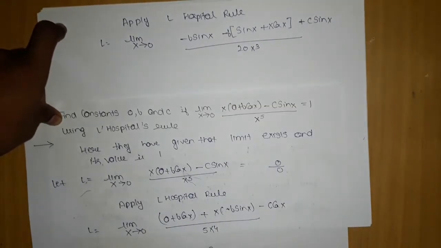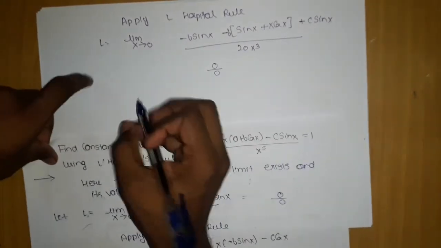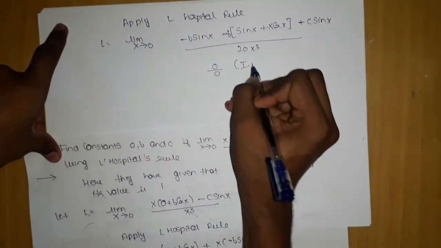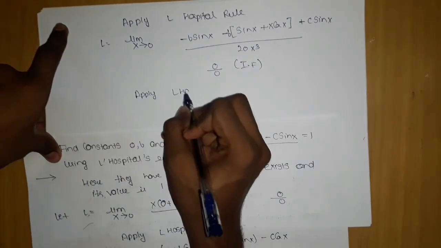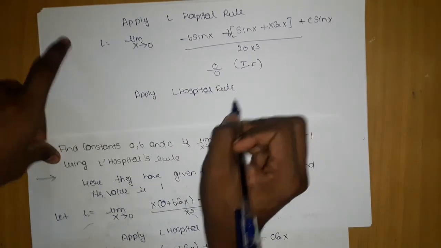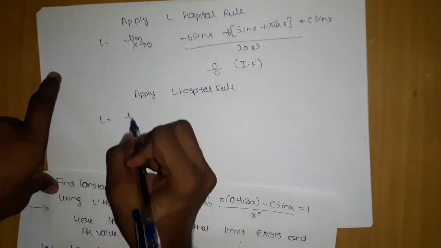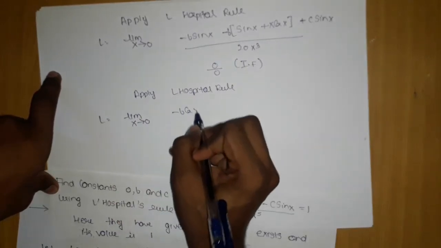If I put the values, we get 0 by 0, which is an indeterminate form. So we'll apply L'Hopital's rule. If I apply L'Hopital's rule, what we had is b cos x.